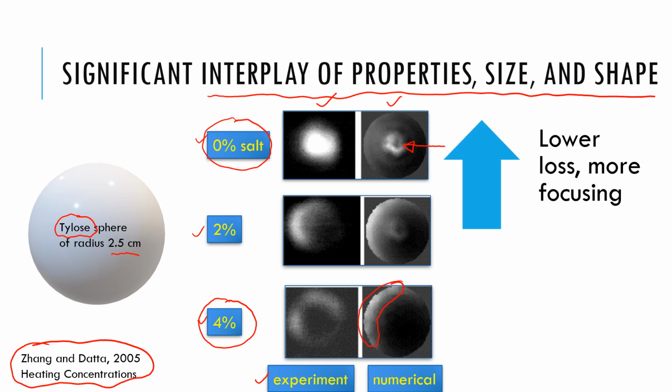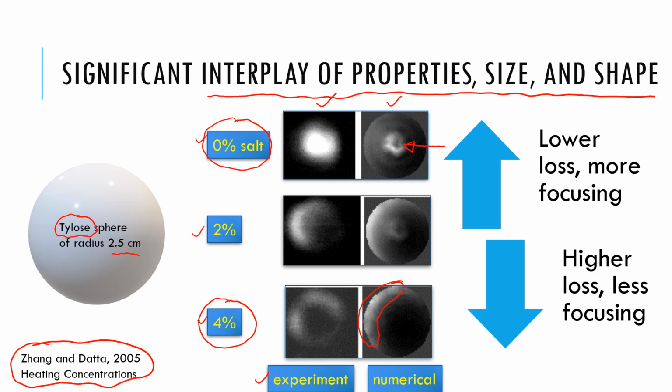To summarize, when it's lower loss, there's more focusing, and when there's higher loss, there's less focusing effect. This 2% would be in between. This is the primary conclusion, and a nice way to see the interplay of properties, size, and shape.